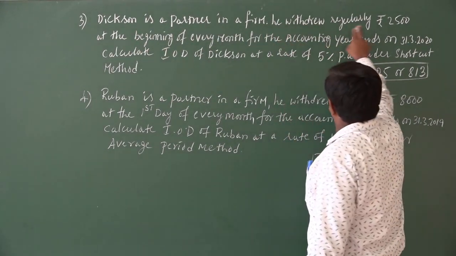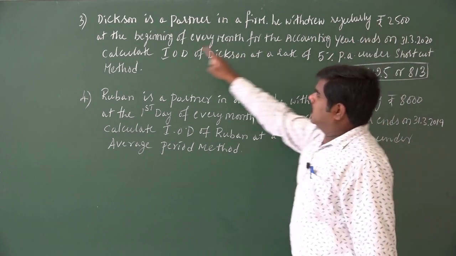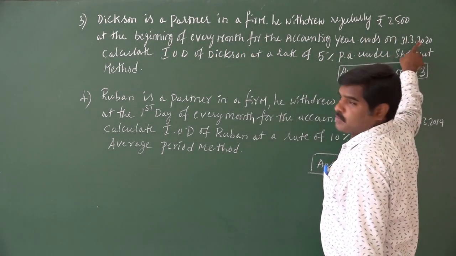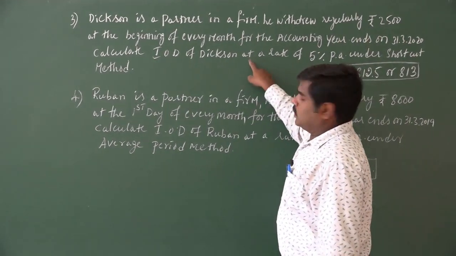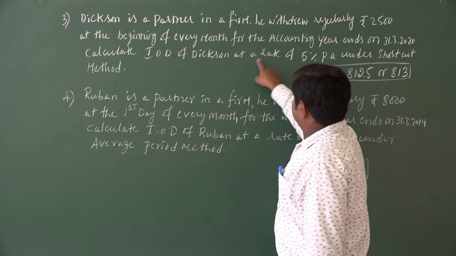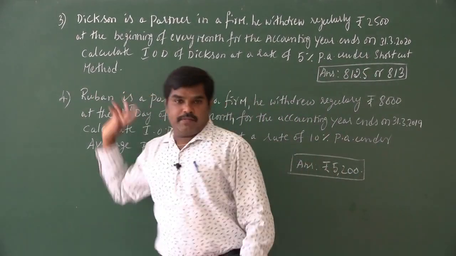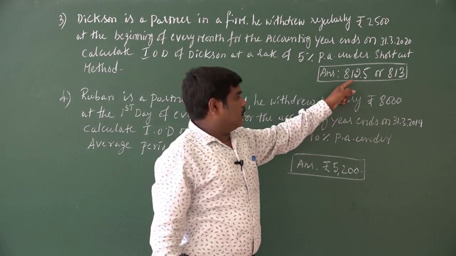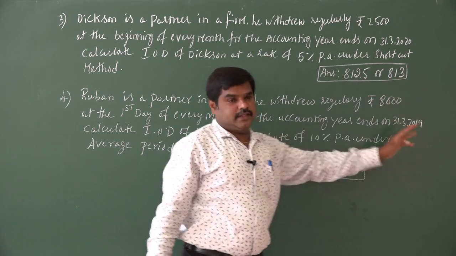He withdrew regularly rupees 2,500 at the beginning of every month for the accounting year ending 31st March 2020. Calculate interest on drawings of Dixon at a rate of 5% per annum under the shortcut method. For the first problem, you are going to get 812.5. Round off to 813.